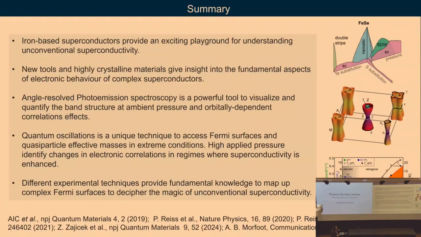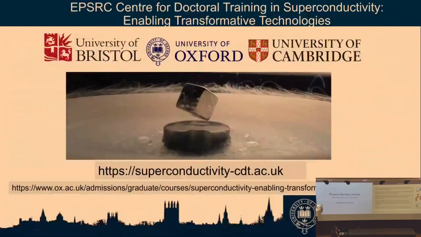But quantum oscillations give additional access in extreme conditions where no other technique can go. You can tune by pressure, and within a single sample, you can really explore a very rich phase diagram. And obviously, these are very relevant for understanding why superconductivity occurs.